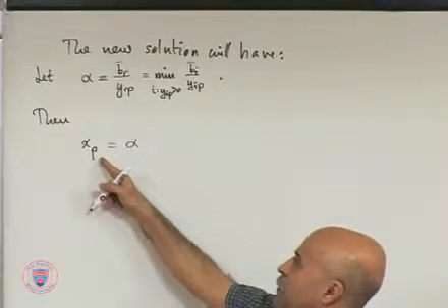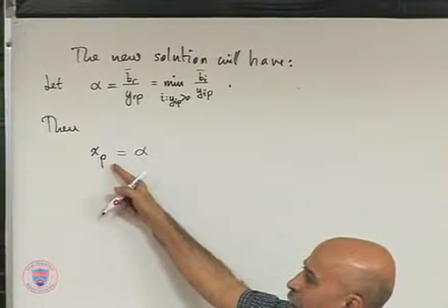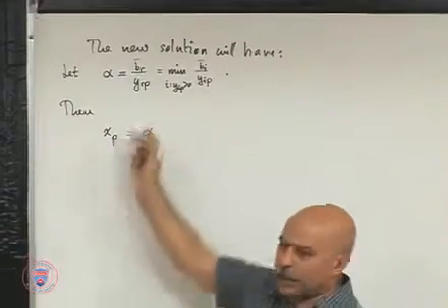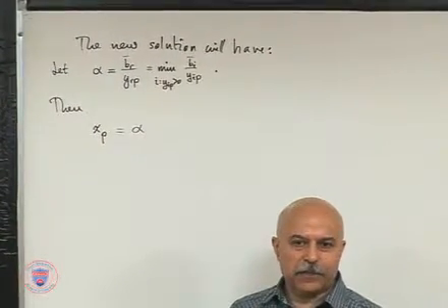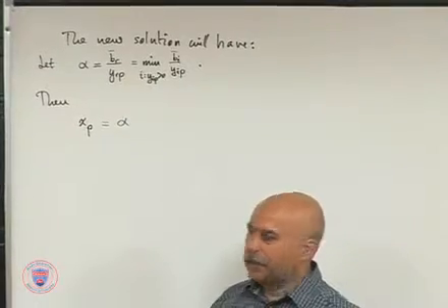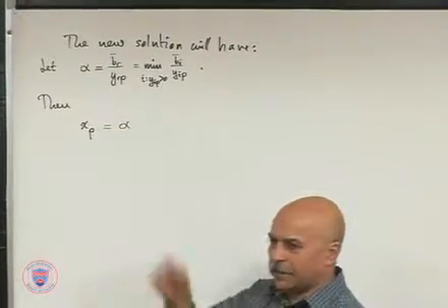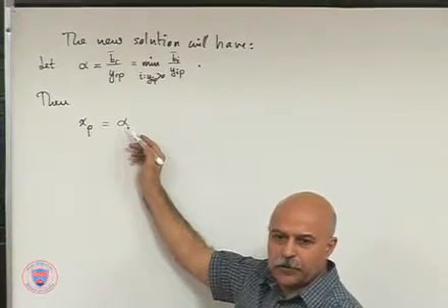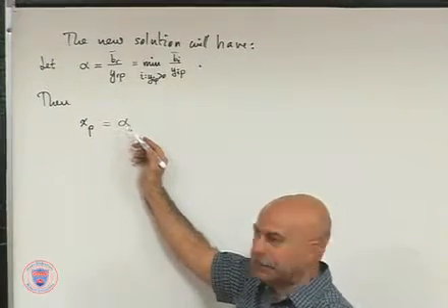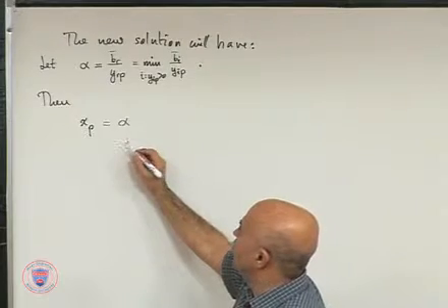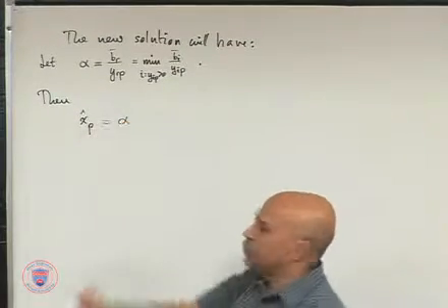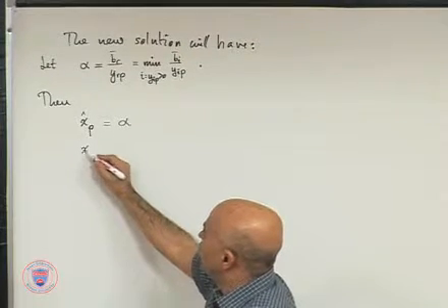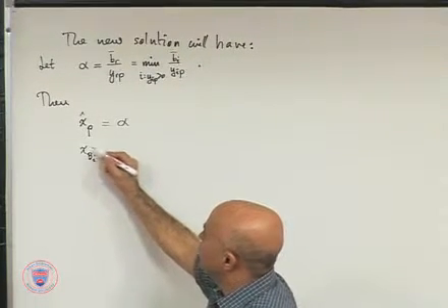But rather than making x_p smaller than alpha, you want to make it actually alpha, because each unit increase in the value of x_p gives you a reduction in z. So you want to make it the largest that you are allowed to make it. Let's call that the new solution value. Then how do I define the ith basic variable?